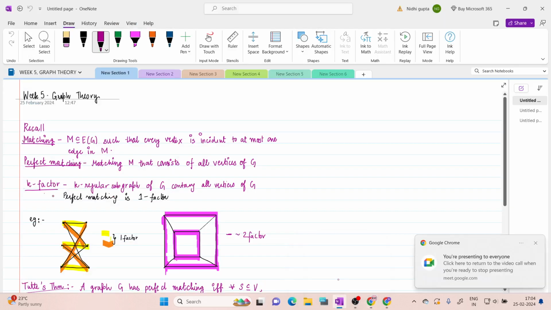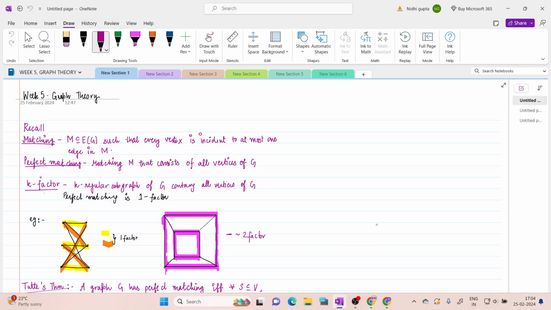So what is a k factor? A k factor is a k regular subgraph of G containing all vertices of G. It is also referred to as a k regular spanning graph.